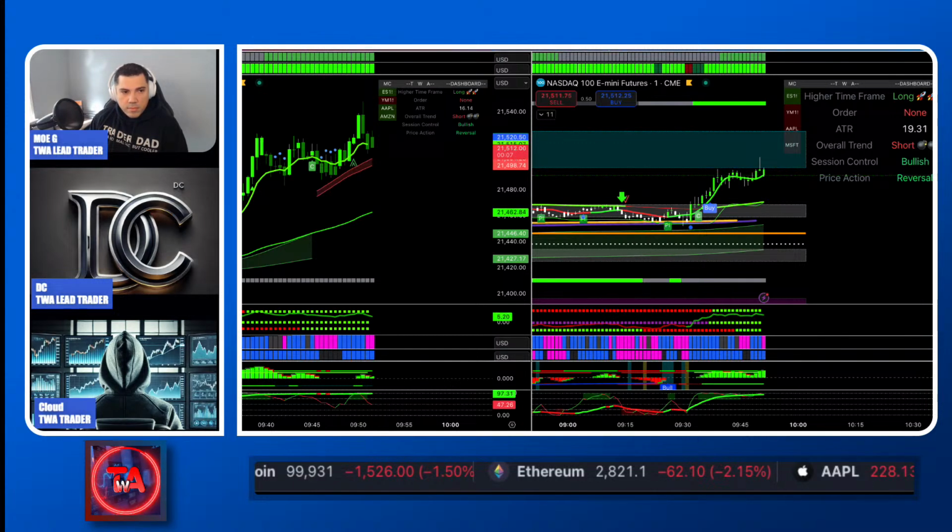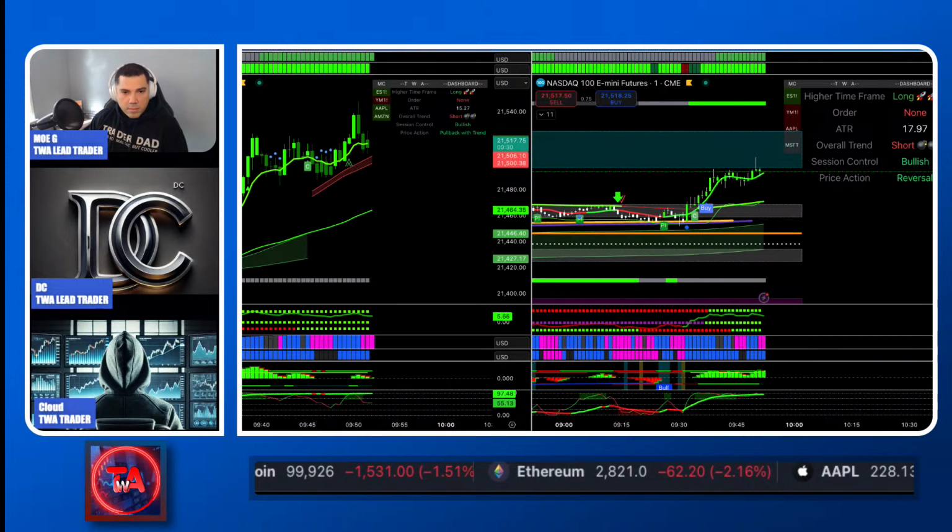Because our averages are trying to line up for longs here. Definitely have a lot of resistance up here. I don't know, especially since we are this high and with news coming, this gives me pause.